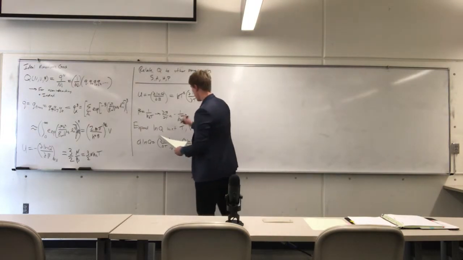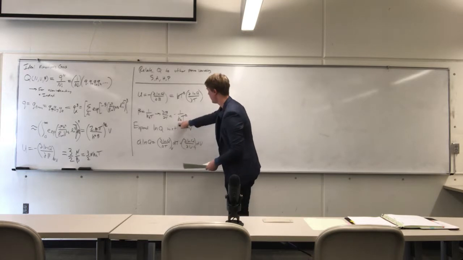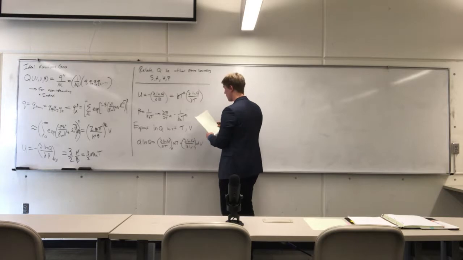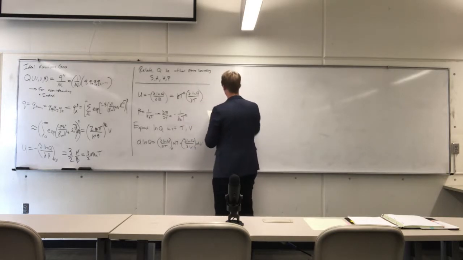So if we multiply both sides by this expression here, k over T, or kT squared, then we can get it to look a little bit more similar.